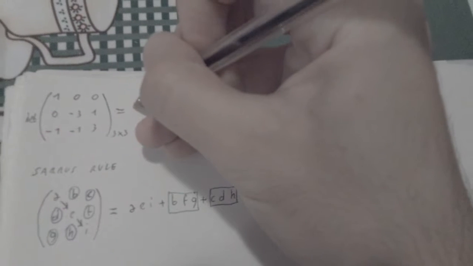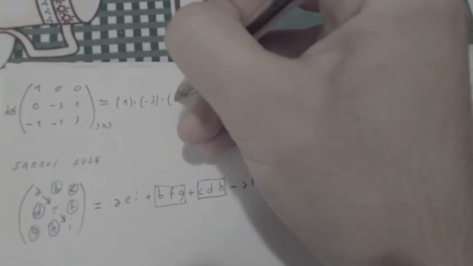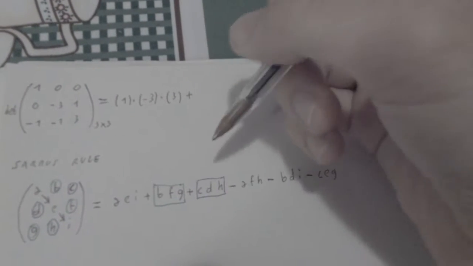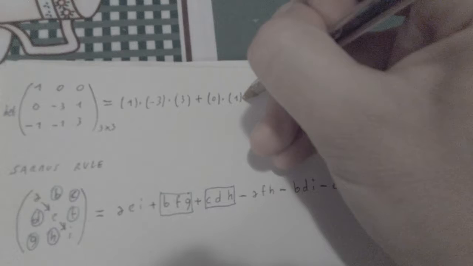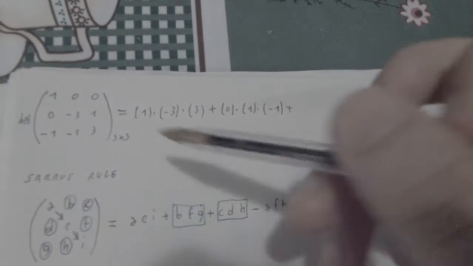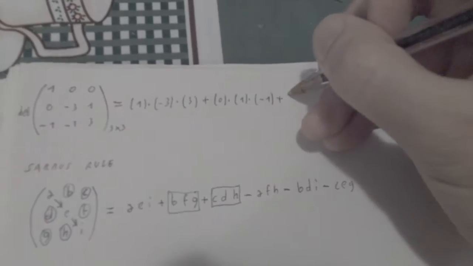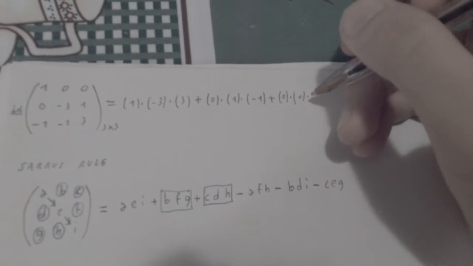So it's going to be 1 times -3 times 3, plus, finding BFG, which is basically going to be 0 times 1 times -1, plus CDH, which doesn't really matter here, but I'm going to write it anyway since it's the very first one.